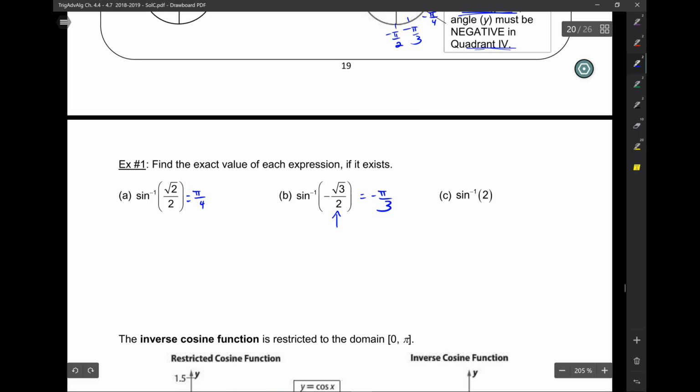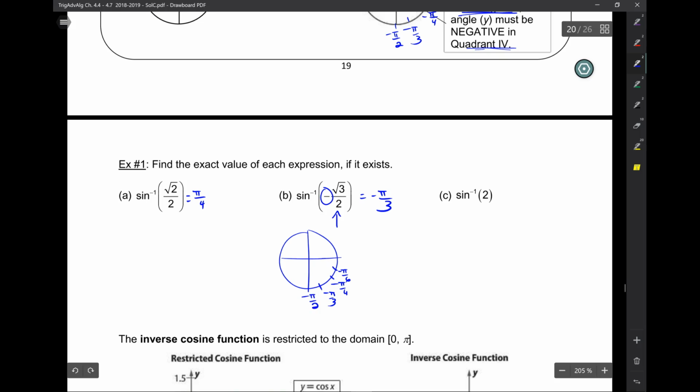Okay, first of all, negative means quadrant 4. Is that right? Yeah. So it's going to be one of these angles: negative pi over 6, negative pi over 4, negative pi over 3, negative pi over 2.